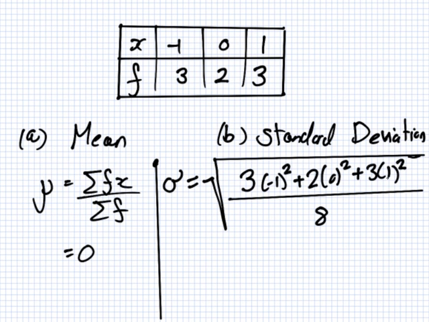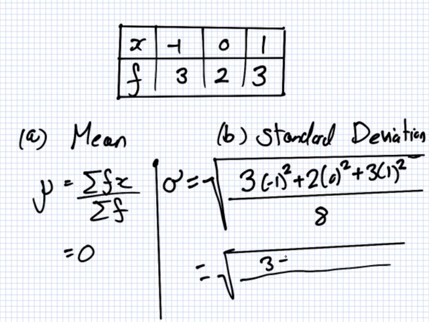Right. I put the 3 and the 2 inside. Classic mistake. Alright, let's see. On the top, we have 3 plus 2 plus 3 over 8. No, sorry, 3 plus 0 plus 3 over 8. Which is root 6 over 8.